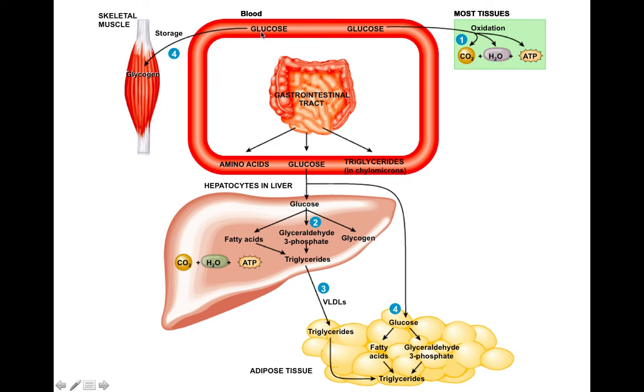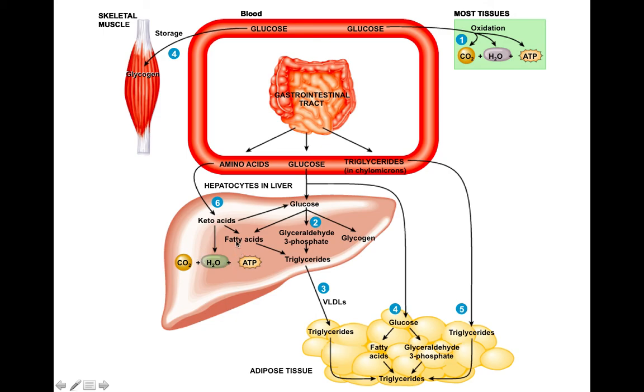Another pathway for glucose is it can be stored in your skeletal muscle as glycogen. Triglycerides that you've absorbed from your gastrointestinal tract can also be taken directly to your adipose tissue. Amino acids can be converted to keto acids, which then can go into creation of ATP.